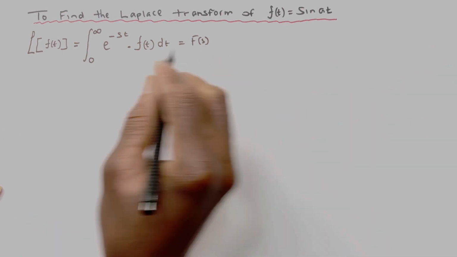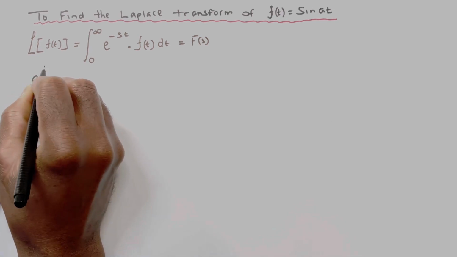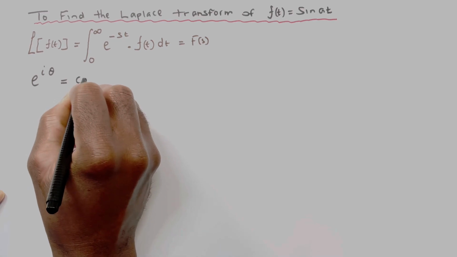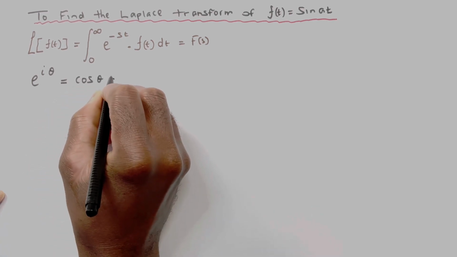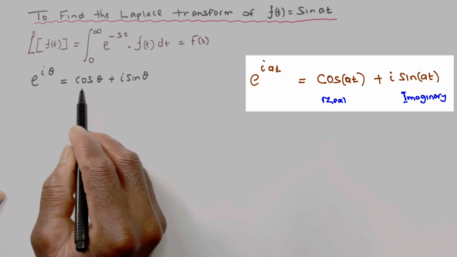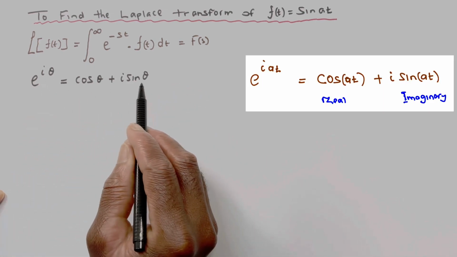Now, because it's sine, I can write e to the i theta as cos theta plus i sine theta. This is the real part of a complex, and this is the imaginary part.